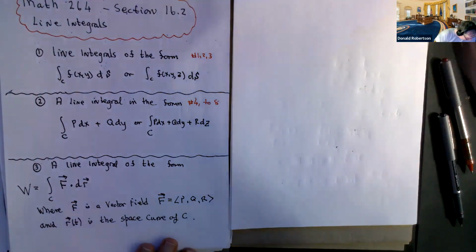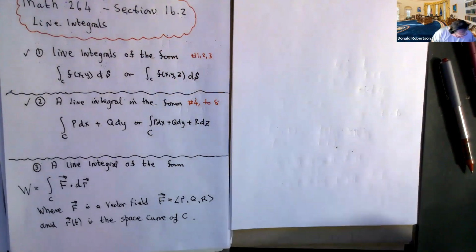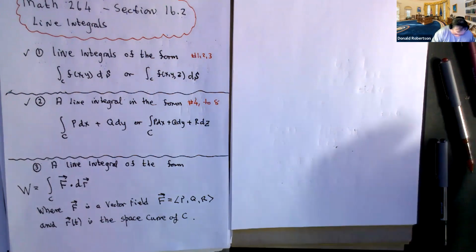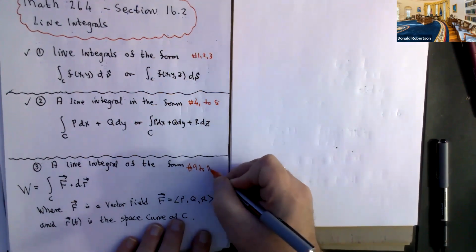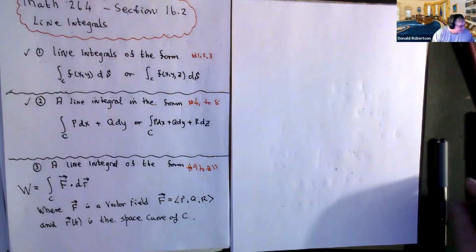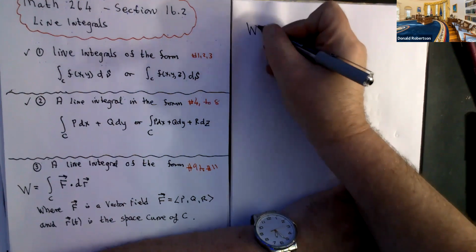Okay. Last type. We have a number of questions, starting at number 9 and finishing at 11, so only 3 of them. We're doing good time as well, which is nice. We are going to be asked to find the work done.